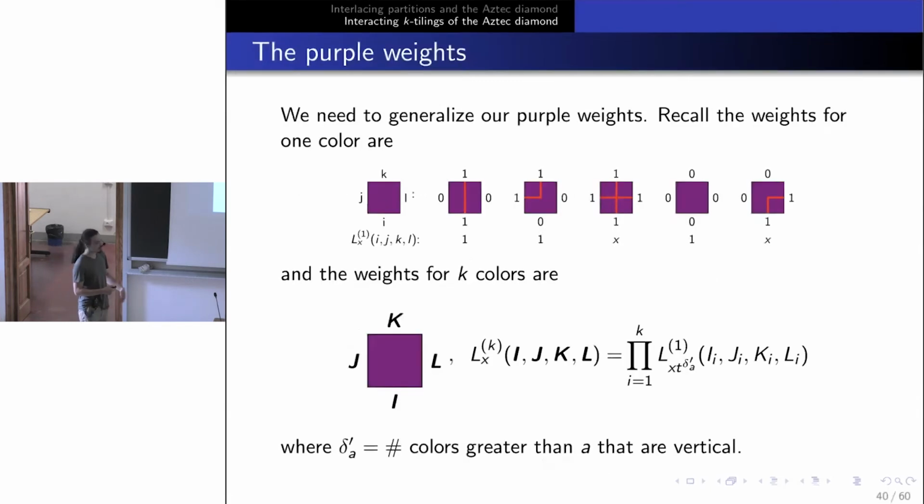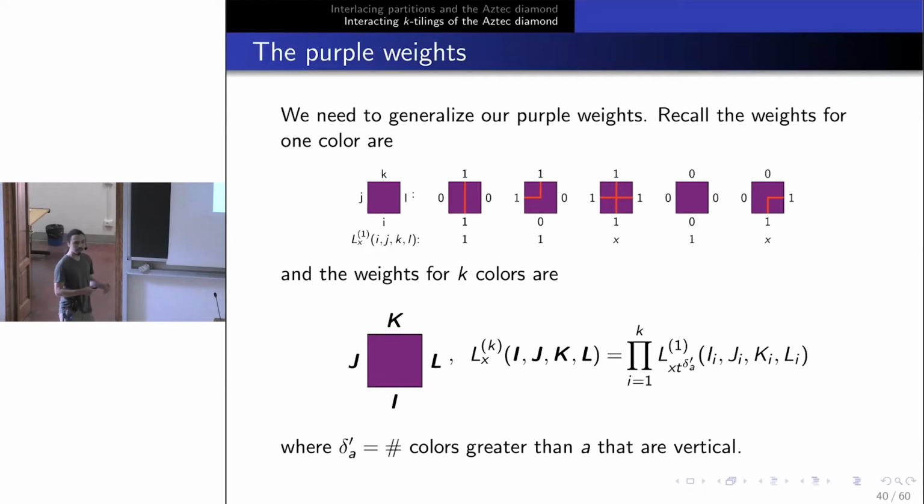All right, but I'll briefly go through what the weights are. It's not really so important. They exist, they're Yang-Baxter integrable, and they match up with the domino weights I gave before. But I'll try to highlight some of the features. So recall that our purple weights took this form for a single color, where we had an X if they exit right.